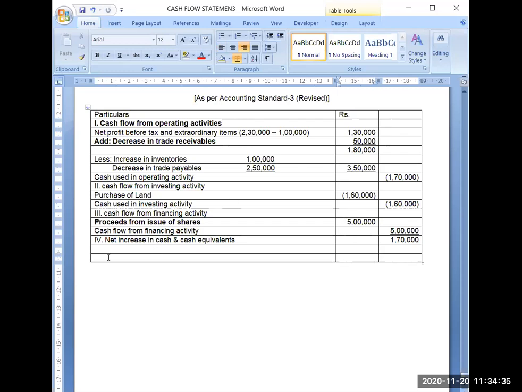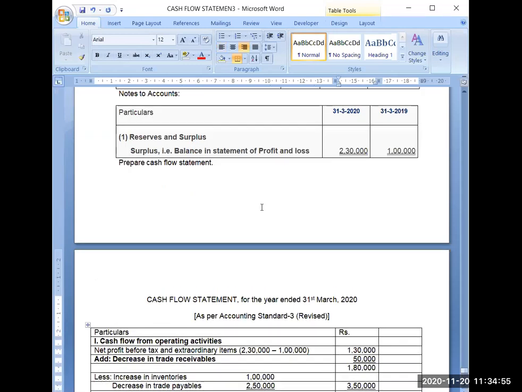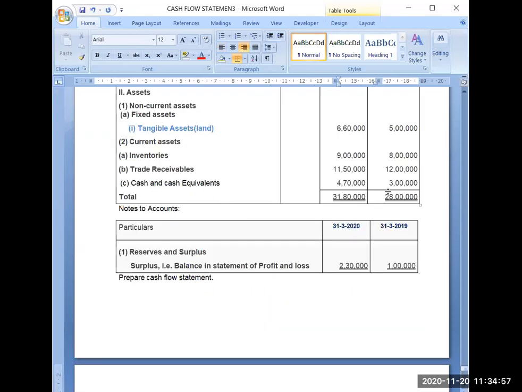Now we will add the opening balance of cash and cash equivalents. Opening cash and cash equivalents will be how much? 3 lakh.